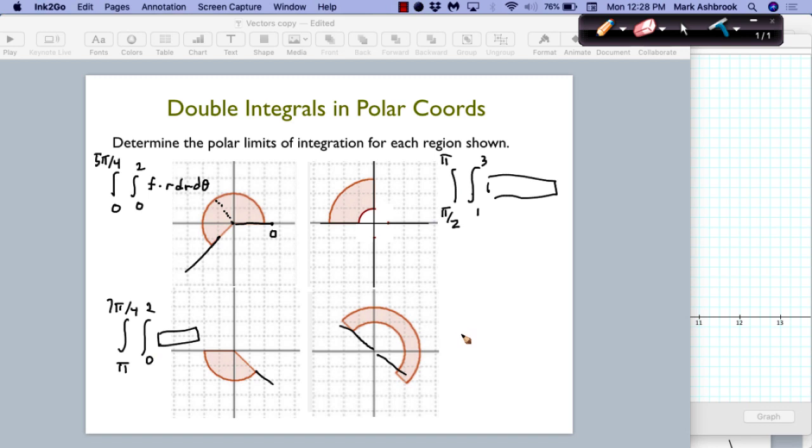Can I do the negative? Like, can I do negative pi over 4 for that last one? Yes, but when we get into these polar integrals in R3, they don't do negative angles.